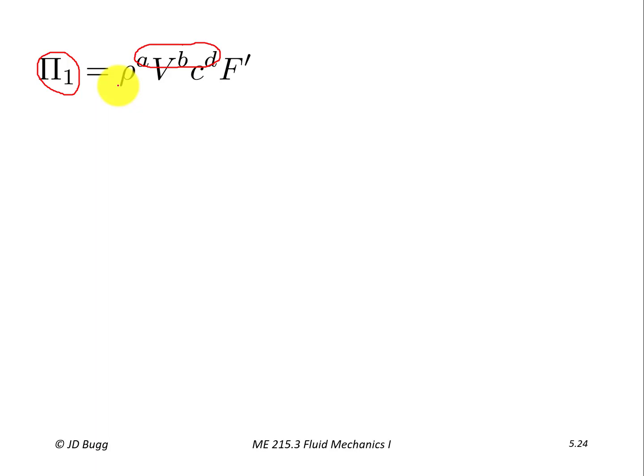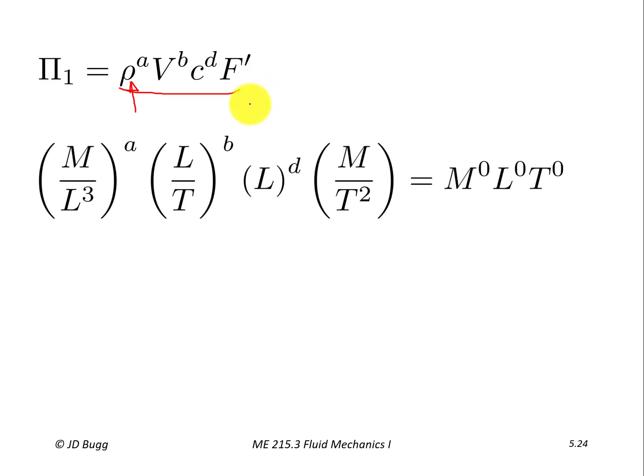Well, the way we figure that out is we rewrite this side of the equation, but we substitute in the dimensions of each of these quantities instead of their variables. And so that's what we're seeing here.